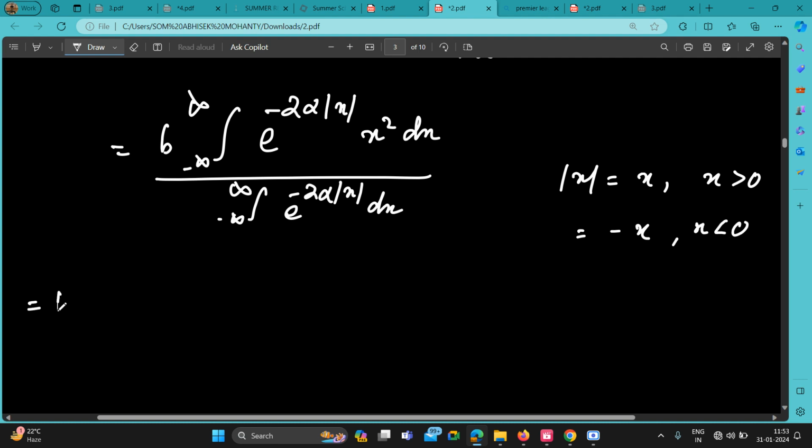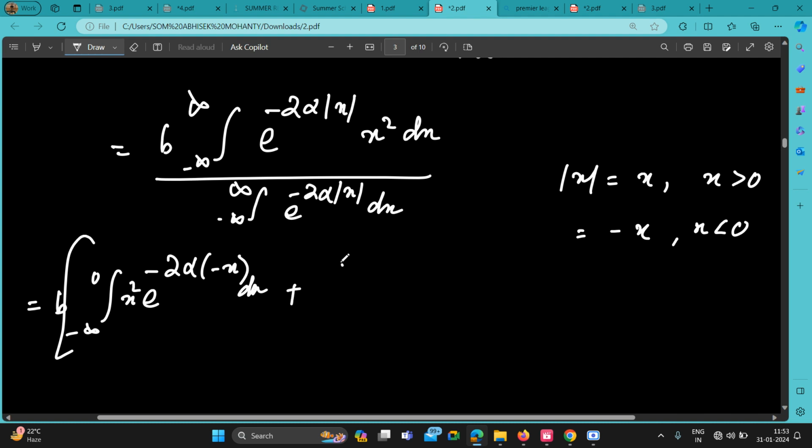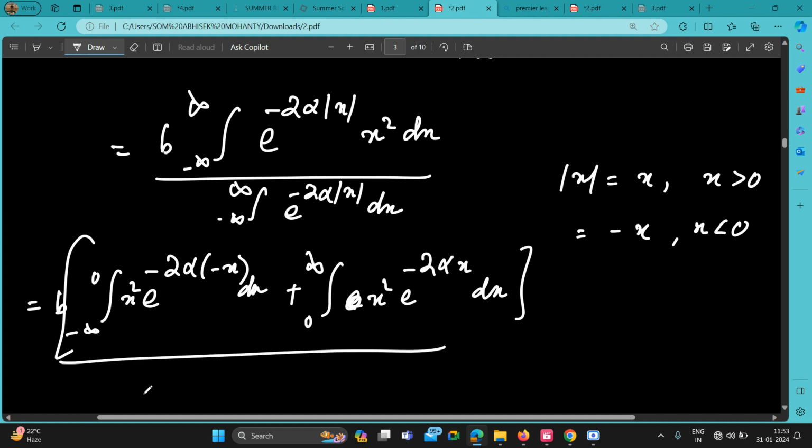So b times minus infinity to 0 of x square e to the power minus 2 alpha minus x dx, plus 0 to infinity x square e to the power minus 2 alpha x dx, whole divided by minus infinity to 0 e to the minus 2 alpha minus x dx plus 0 to infinity e to the minus 2 alpha x dx. Yeah, is that right?